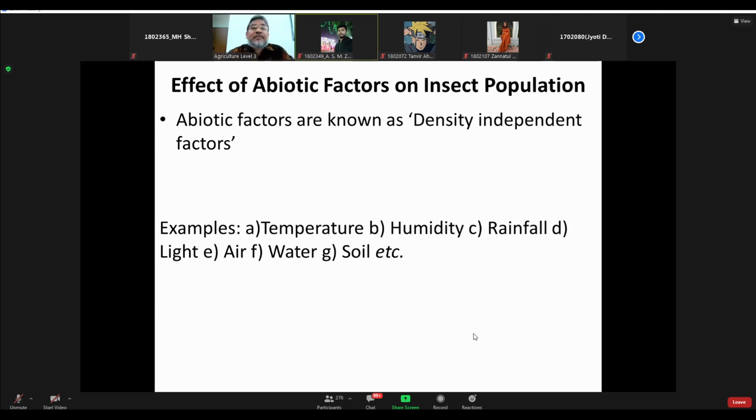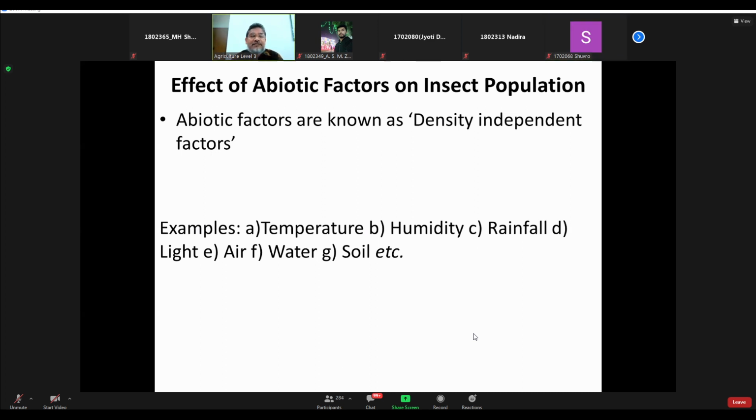Yes. Okay. So the effect of abiotic factors is our topic today. Abiotic factors are also known as the density independent factors. So what are the main density independent factors? Temperature. It is not density dependent. It is independent.